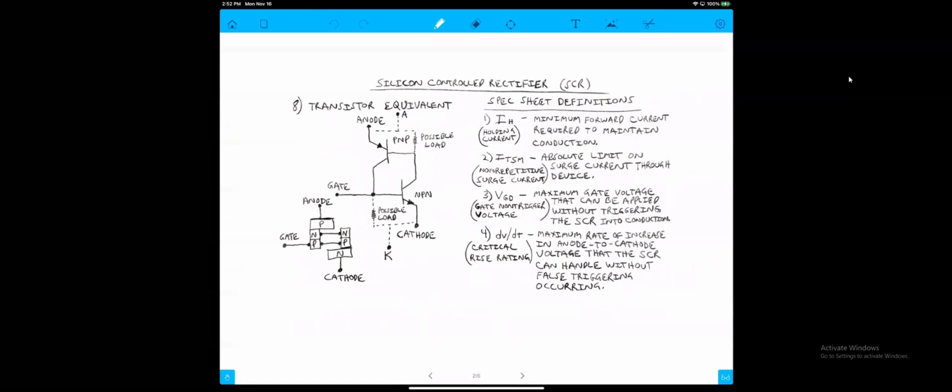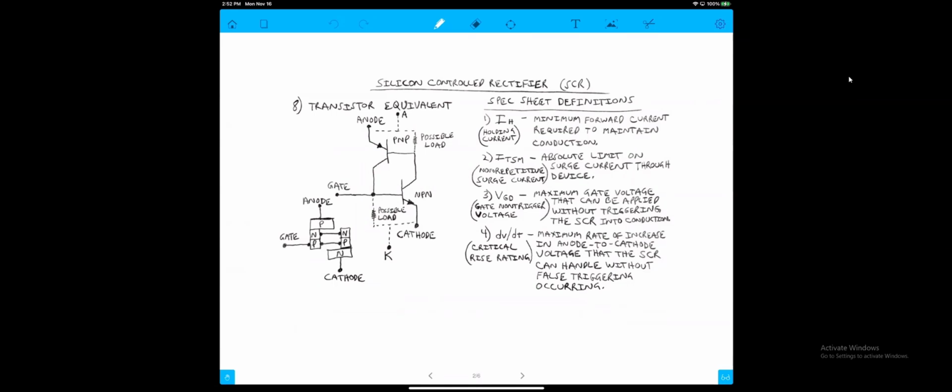Here we have our equivalent transistor equivalent of the SCR. You'll notice that we have 2 types of transistors. What types are they? PNP and NPN. That's right.